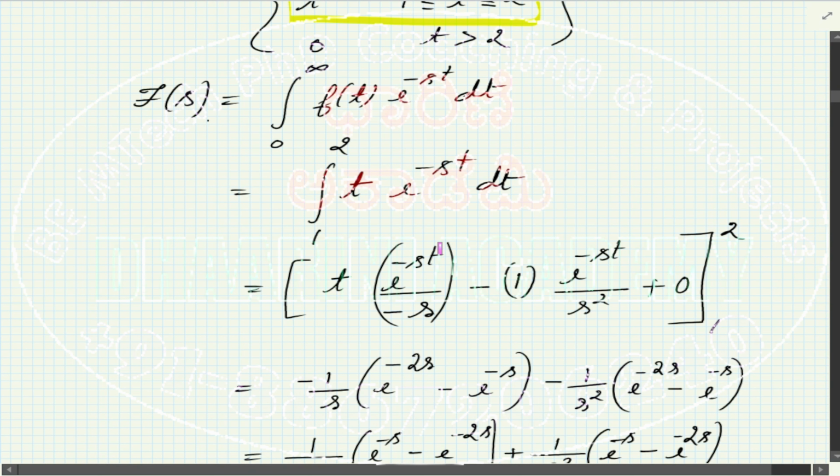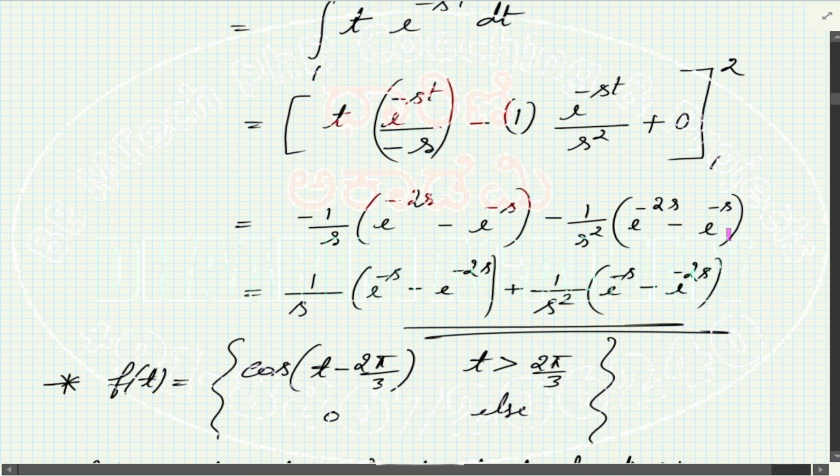The differentiation of t becomes 1, and hence at the next stage it becomes zero. So after that you don't have to do simplification further. Do that and put the limits 1 to 2.